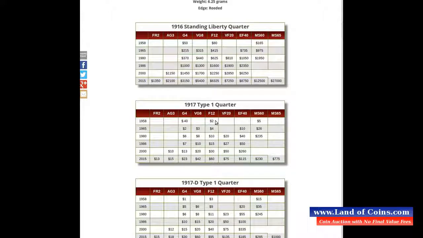Even though the pricing of the coin went up dramatically, now it's $60. That's a great increase in value. That's 30 times your money. The Standing Liberty Quarter went up too, but it's $6,000 now, not 60. And you can see it was 80 to begin with rather than 2. But still, worth a lot more than the common.